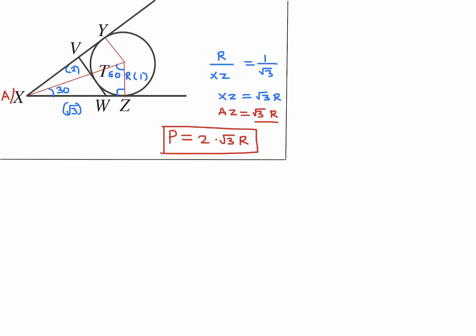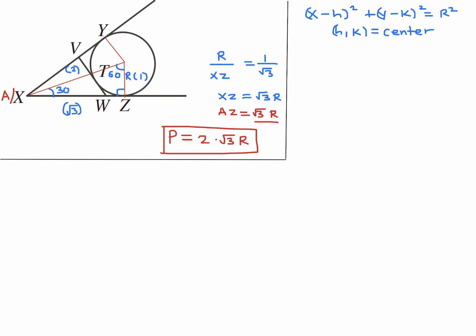Now, the equation of any circle is of the form (x minus h) squared plus (y minus k) squared is equal to r squared. And h and k represent the center of the circle. Now the center of our circle is right here, correct? But what are the coordinates there?